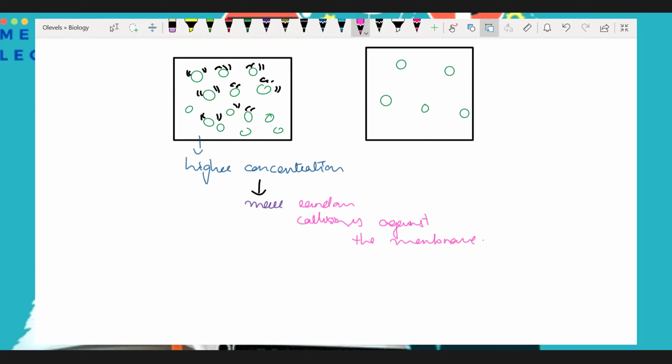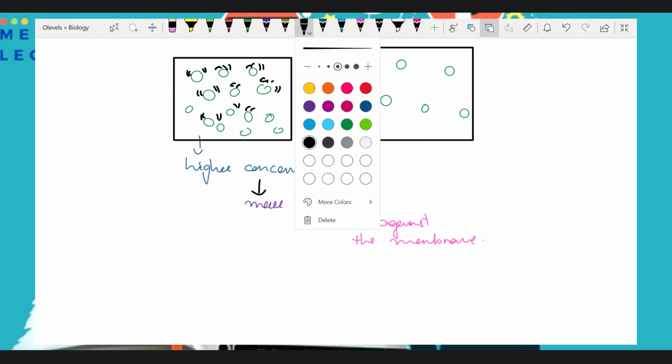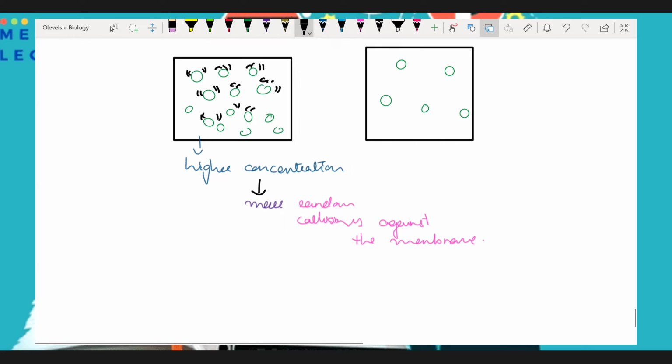I made just two boxes to show you the comparison between higher concentration and lower concentration area. For example, this is a low concentration area. So it has less frequent collisions.